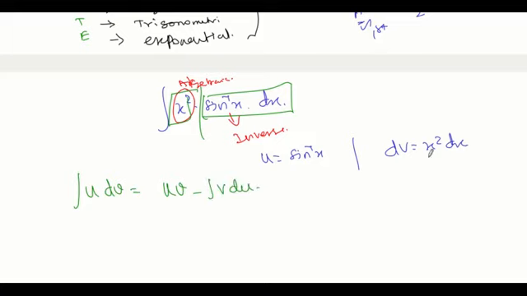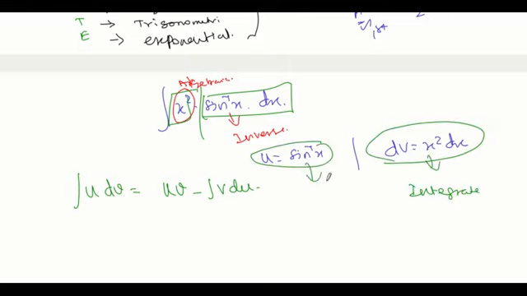So here this dv will be integrated, this u will be differentiated. After doing this differentiation and integration, you can replace over here. You can get the answer immediately.